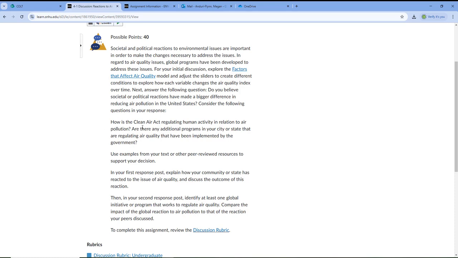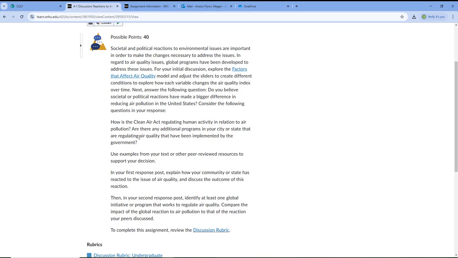So think about the Clean Air Act. That federal policy has regulated human activity in relation to air pollution. So how has that affected things? You might have to go back and look into the impacts of the Clean Air Act over time.